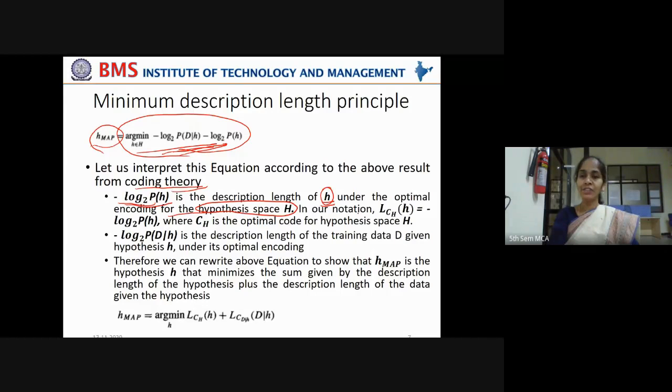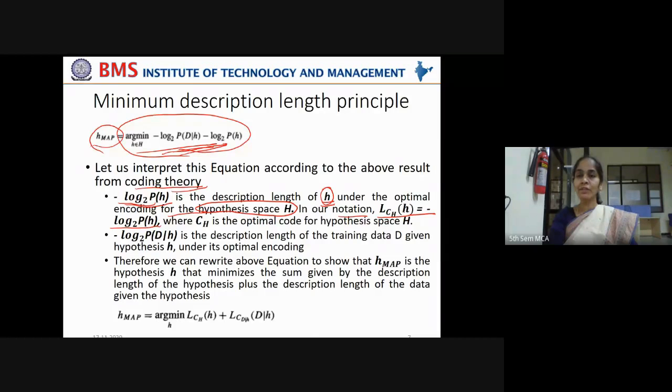Now in our notation in the previous slide, can we write it like this? L_CH of H equal to minus log 2 P of H. How do you read this? The description length of hypothesis H by using the encoding technique C from the hypothesis space H. Understand this carefully. I am reading once again.